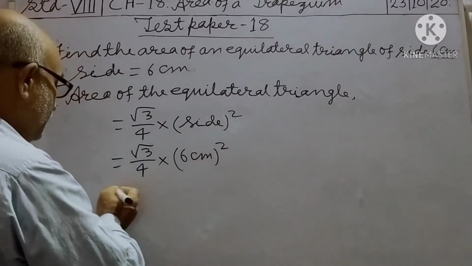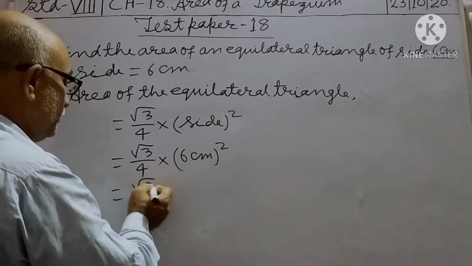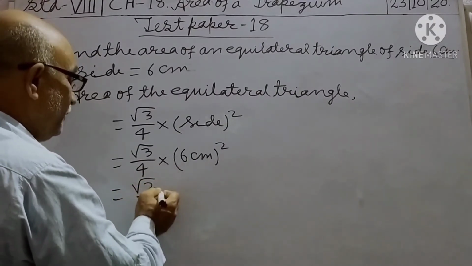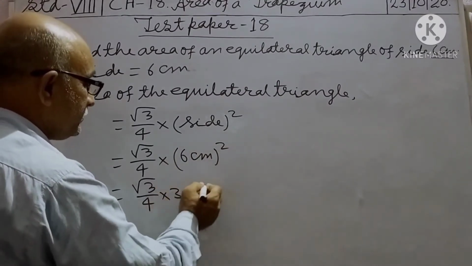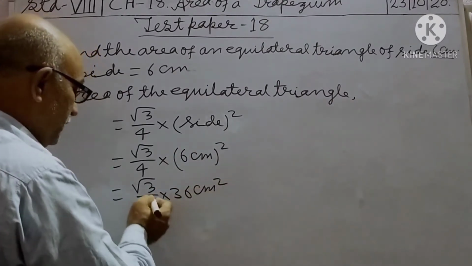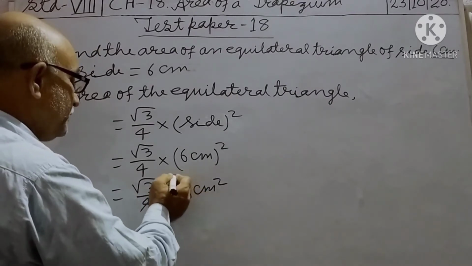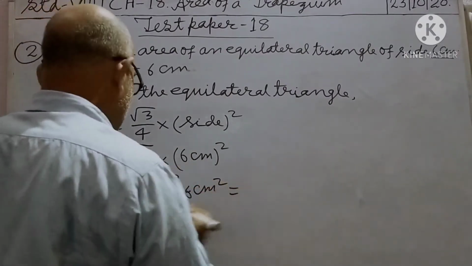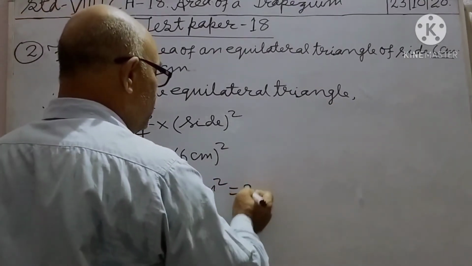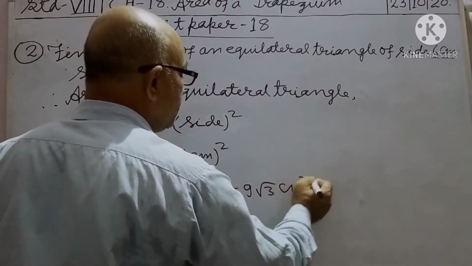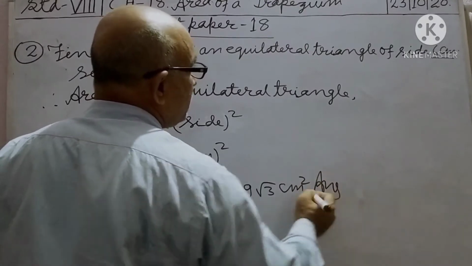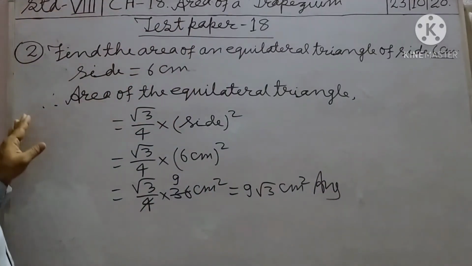So 6 cm square equal to root 3 by 4 into 6 square, 36 cm square. 9 for the 36 equal to 9 root 3 cm square. Answer of this question. Students, understand and write it.